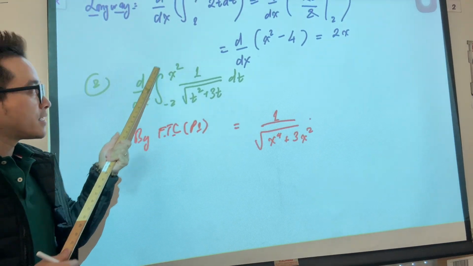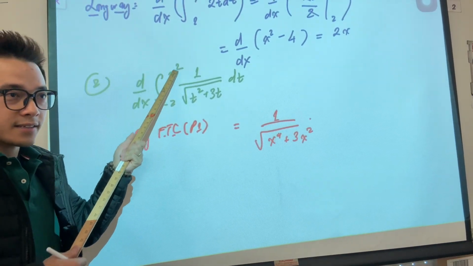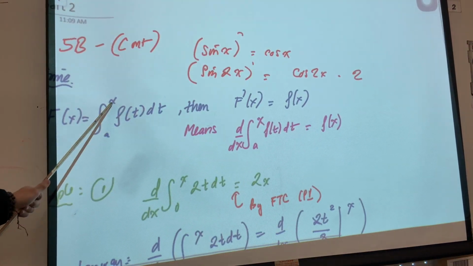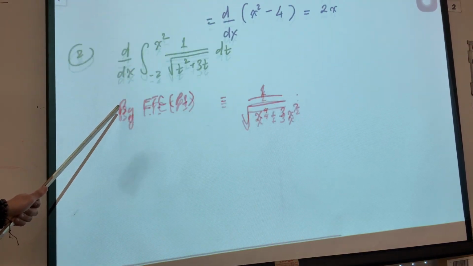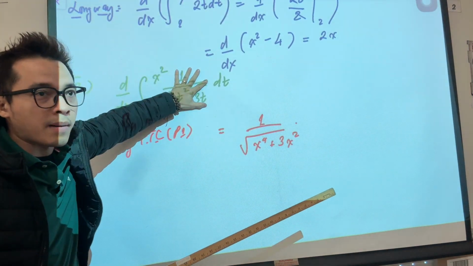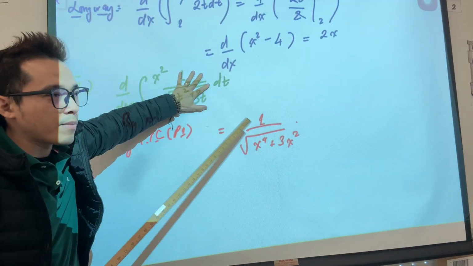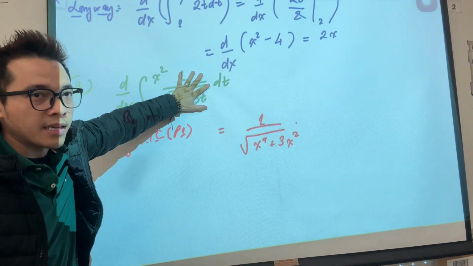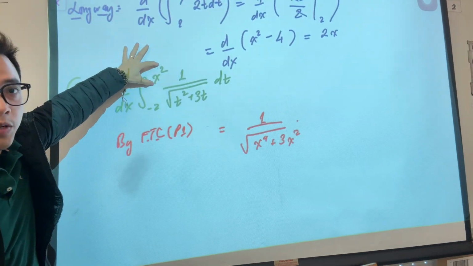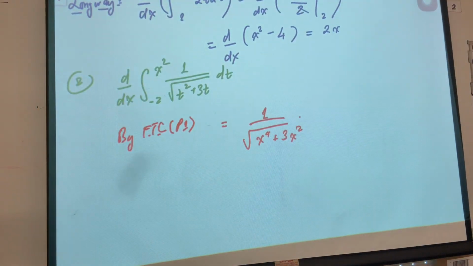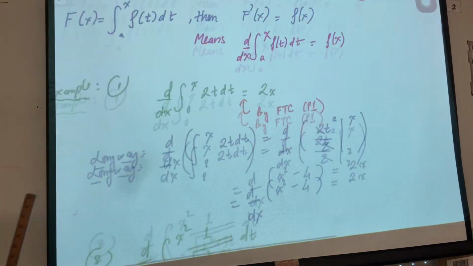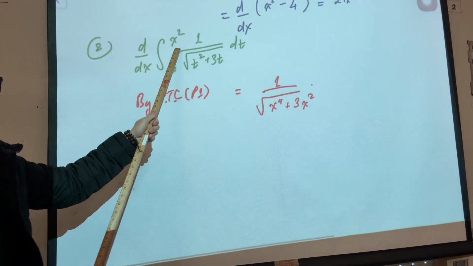This is only a chain rule for this. The FTC says this is x, but now this is not x anymore. So that's where you apply the chain rule. This is just a function. You don't need to worry about it. The function can be more complicated, it can be crazy, it doesn't matter. This is the one that you need to use the chain rule on, because what you know is only when they have x only. But now they give you x squared, that means you need to do the chain rule.